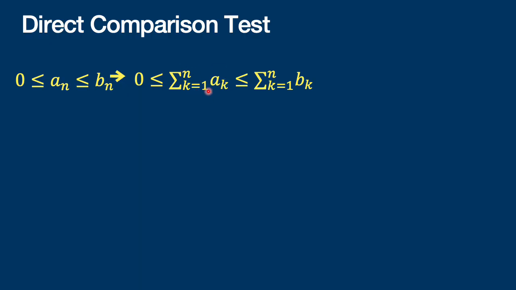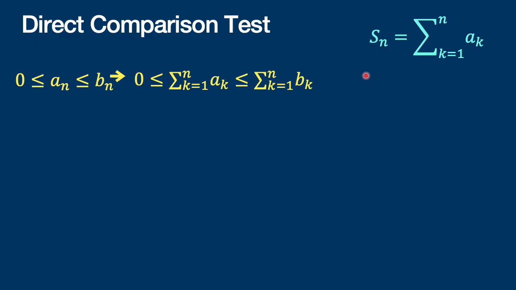Then the partial sum S_n and the partial sum T_n still maintain this inequality because each term of a is less than or equal to each term of b_n. So we have this relationship.